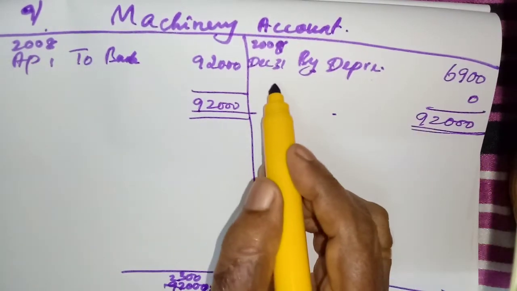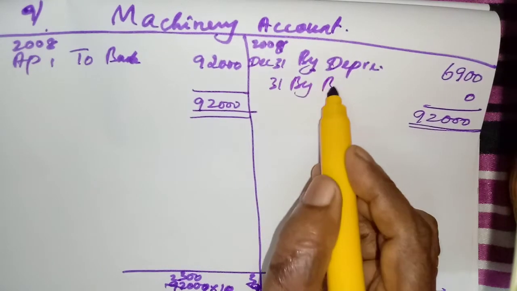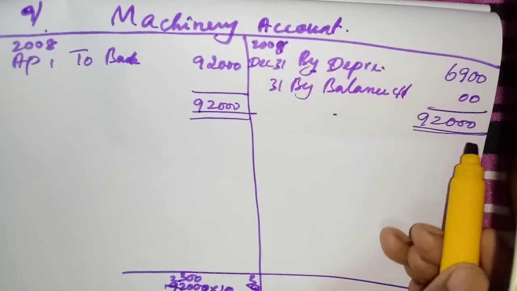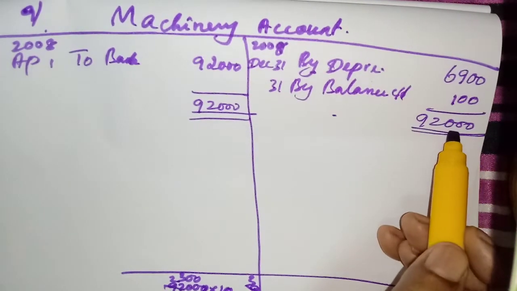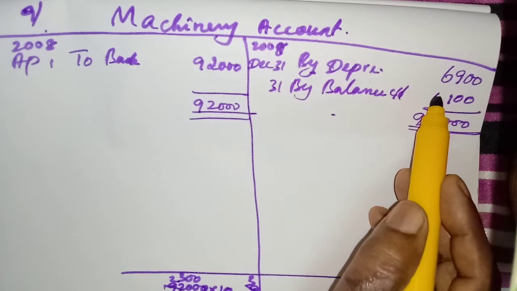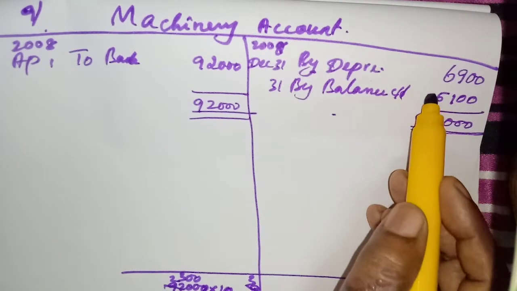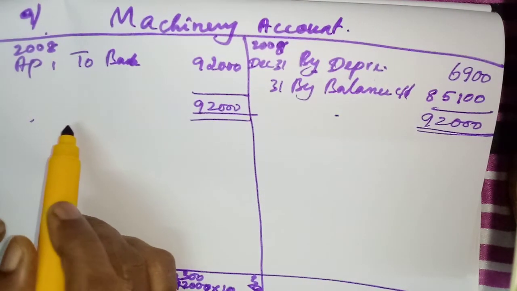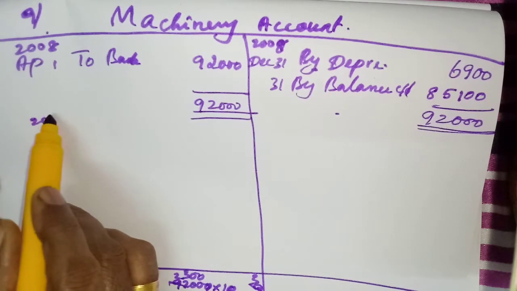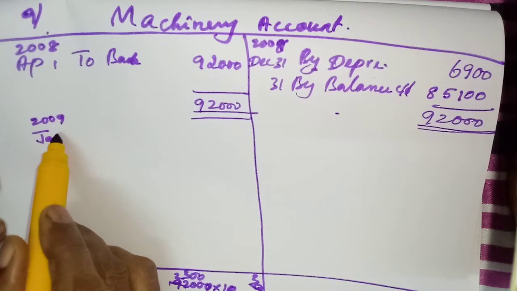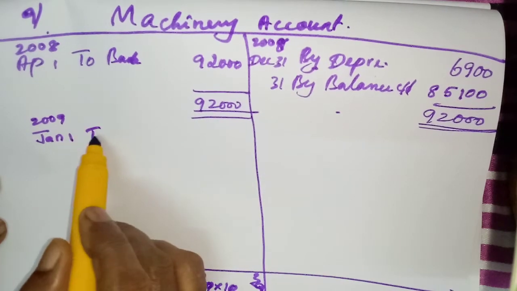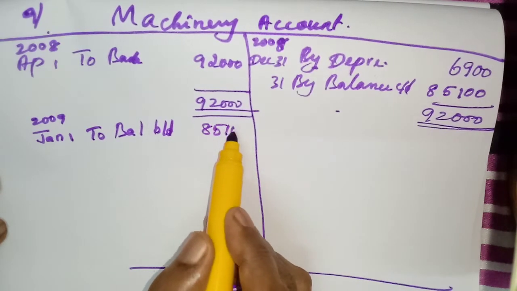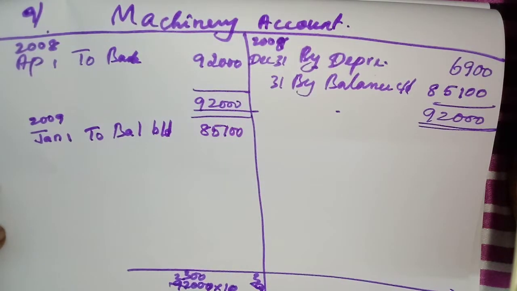Write here by the same date by balance carry down. 9 plus 1, 10, balance 1; 7, 7 plus 5, 12, balance 1; 8. So 85,100. The next date we have to write here: 2009 January 1, to balance brought down 85,100.